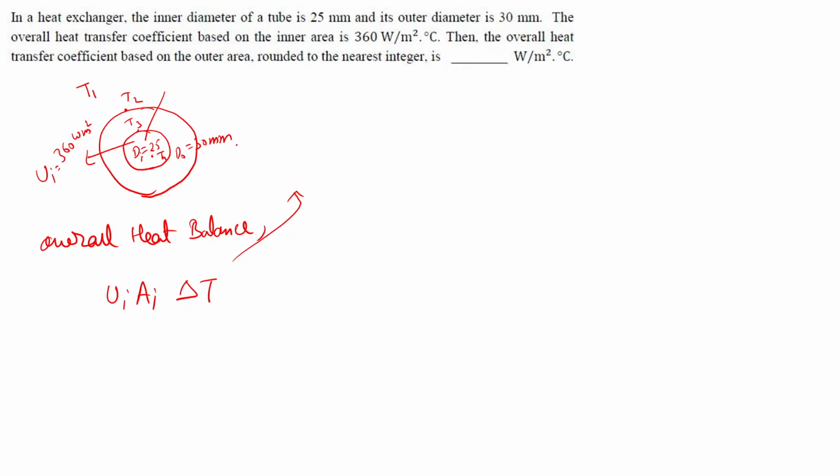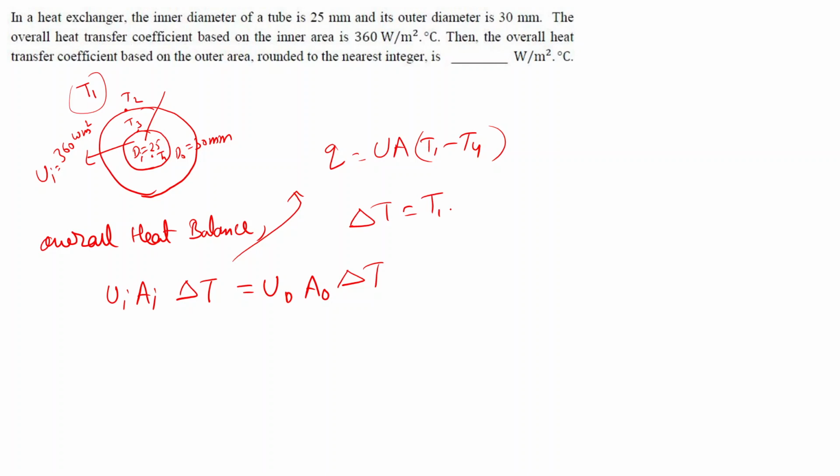Then the total Q, that is heat exchange, will be due to this temperature difference across T1 and T4, so we can write it as UA (T1 minus T4). So here delta T is T1 minus T4. Similarly for the outer case also it will be the same, so delta T will be the same for both cases, that is T1 minus T4.